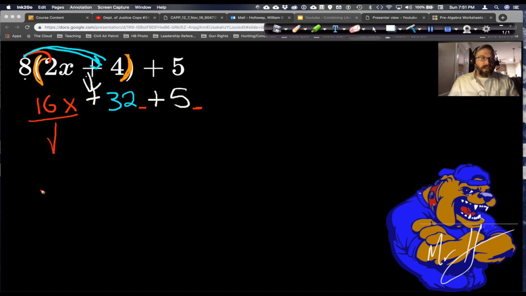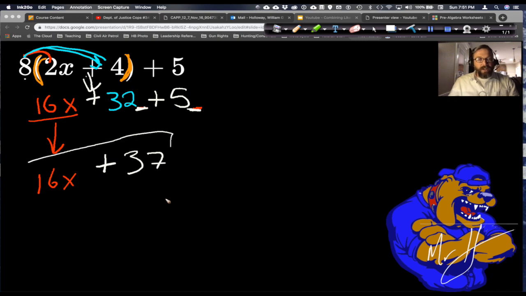So let's go on ahead and drop down that 16x. But now, the lack of anything behind these means that those constants are like terms. And I don't want you overthinking this because this is natural math. This is stuff we've been doing. 32 plus 5 is 37. So your simplified algebraic expression in this case is 16x plus 37.